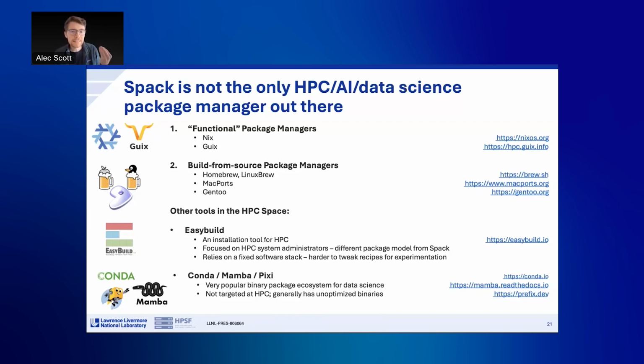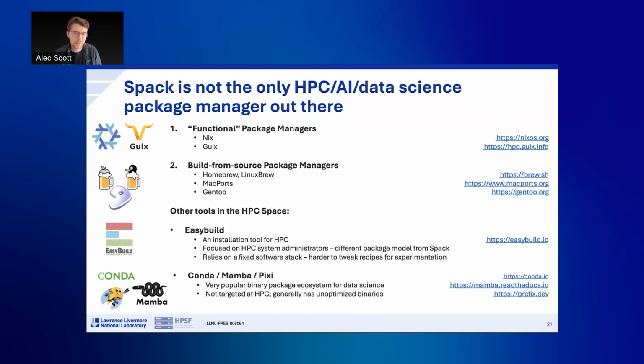EasyBuild is a very good build tool for HPC. We'll see a lot of the ways in which Spack differs from EasyBuild, but a lot of that can be built around our environments, ecosystems, as well as making it easier to do binary relocation and support installing from binary like we're going to do in this tutorial. Conda, Mamba, and Pixi are oftentimes ones folks have used here too.